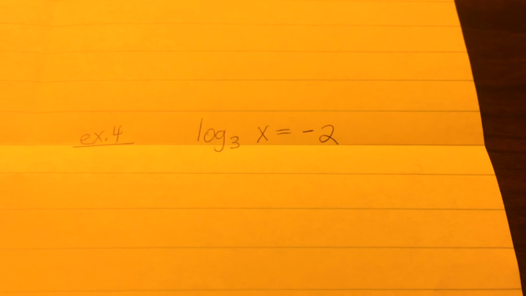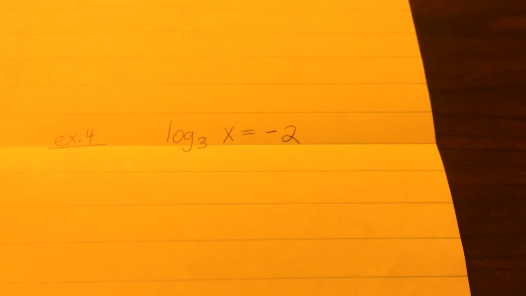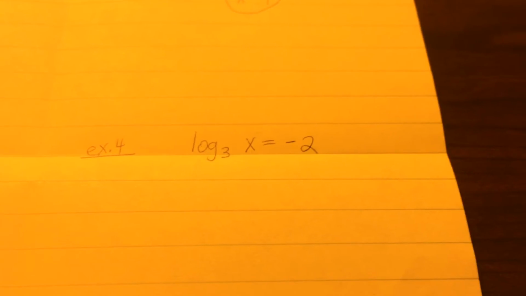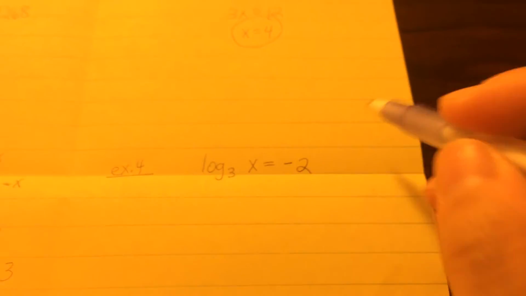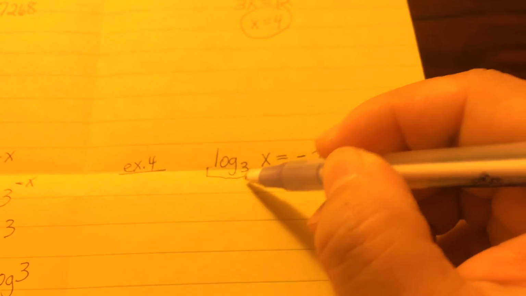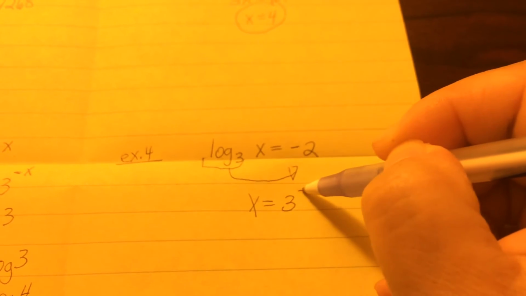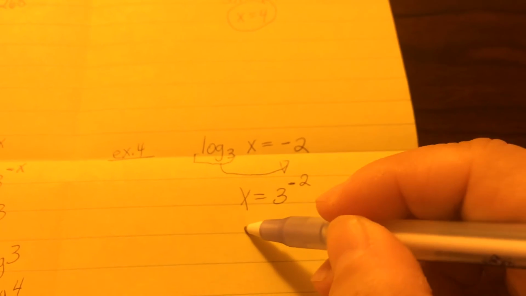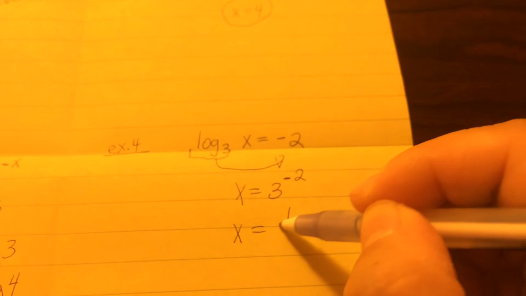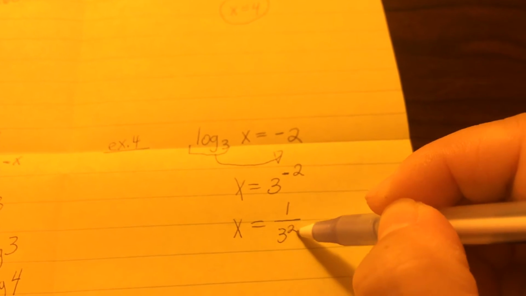Okay, now let's try example 4. Again, it's not in exponential form, and we want to make it into exponential form. So we bring our base 3, the log base 3, over to the other side, and you get x is equal to 3 to the negative 2 power, which becomes 1 over 3 to the second power, right?